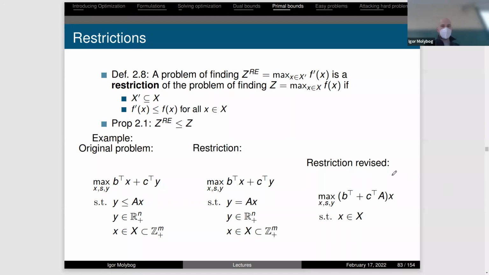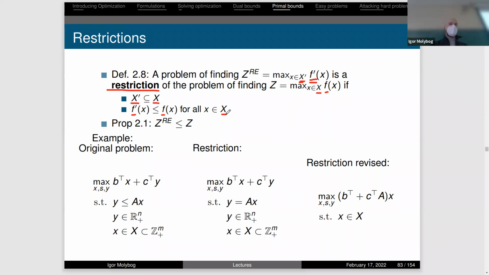Having a problem of optimizing f over the set x, we are saying that the problem of optimizing f dash over set x dash is a restriction of the original problem if x dash is a subset of x and f dash is less than or equal to f for all feasible x.